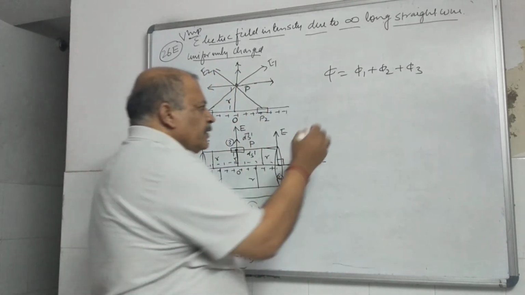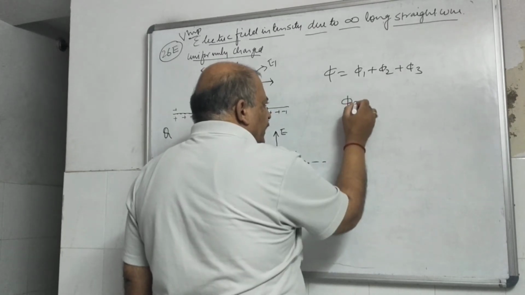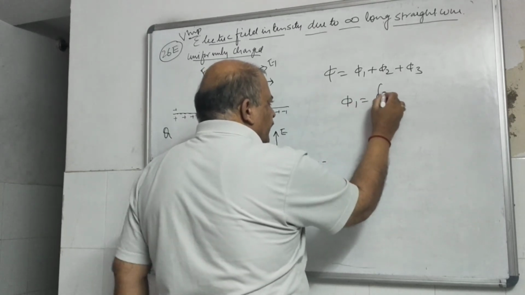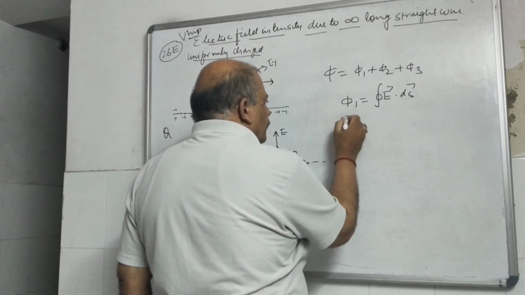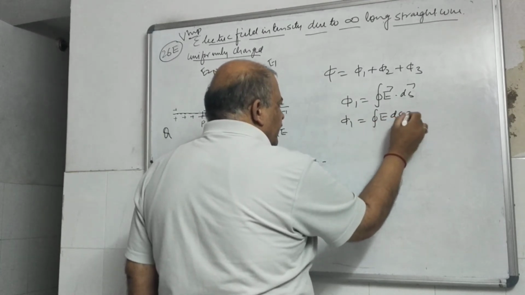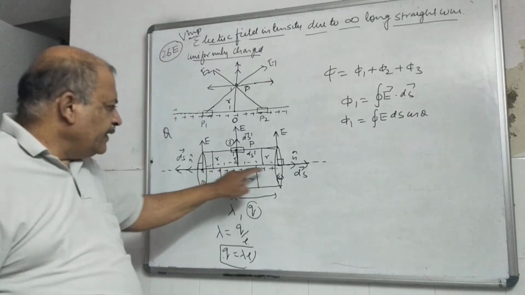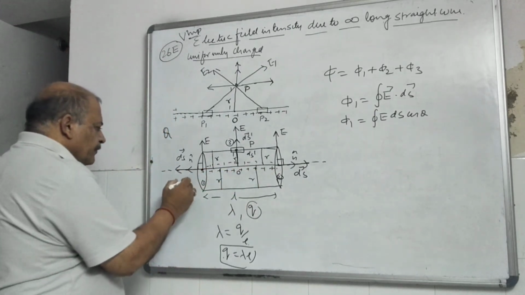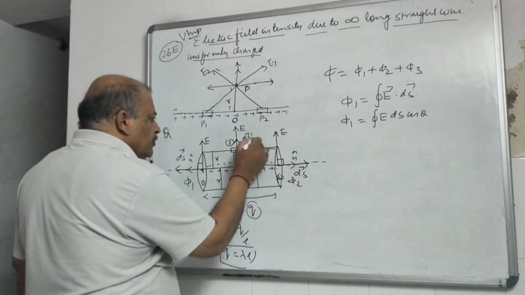And you all know, children, what is flux? If I take phi 1, surface integral E dot ds, or phi 1 equals to, I can write E ds cos theta. Now this first surface is contributing the flux phi 1, this you can take phi 2, this you can take phi 3.